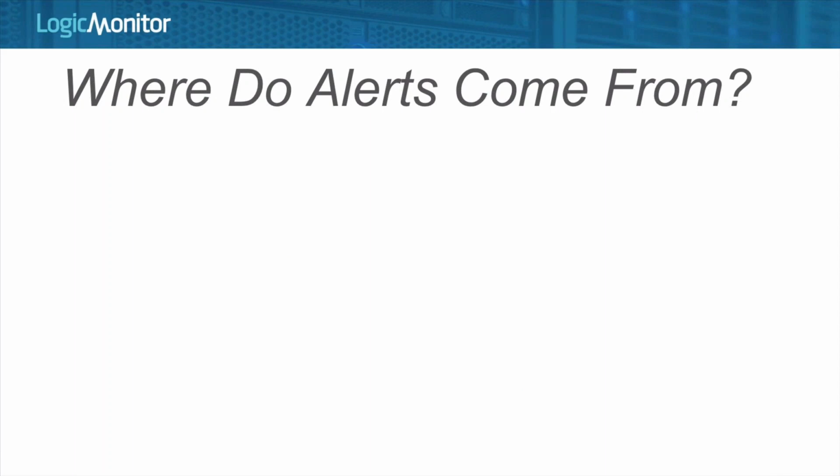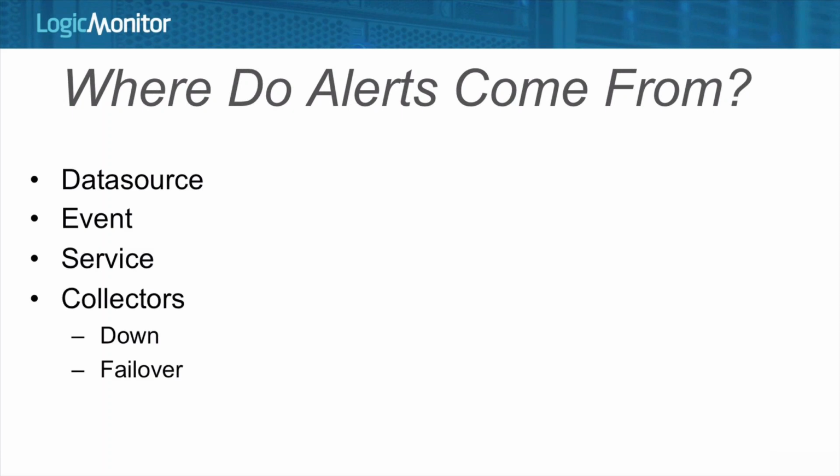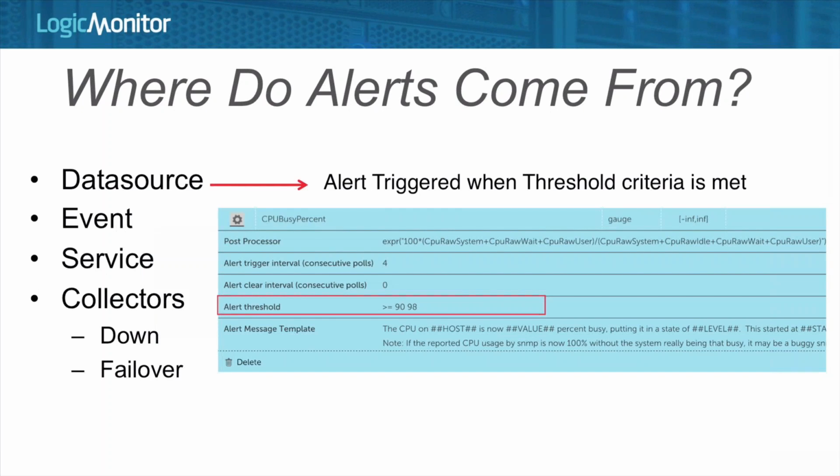So let's move on to LogicMonitor alerts. LogicMonitor can alert on data sources, events, services, when a collector goes down, and collector failover. Data source alerts are the most common, and these alerts are based on the values that a LogicMonitor collector is receiving from your devices. A data source alert is triggered when threshold criteria are met.